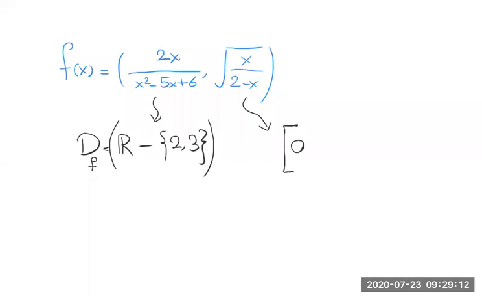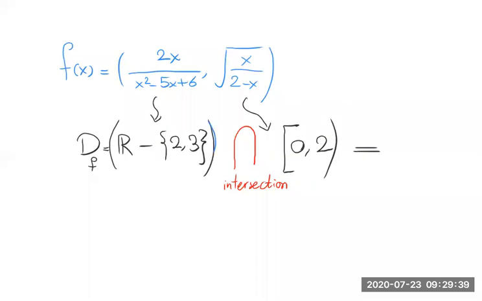So the second part is 0 to 2. And now, because we want both of them to be defined at the same time, the domain is intersection of these two. Okay, so, well, what is the intersection? The intersection will be the set of numbers from 0 to 2.